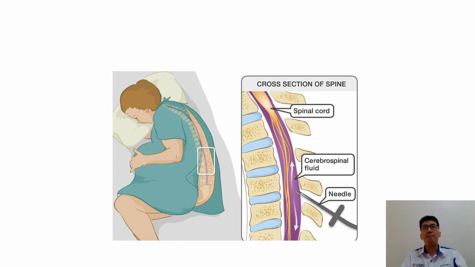For spinal anesthesia for lower segment Caesarean section, we can do it around the level of L3 or L4, lumbar 3 or lumbar 4. So these are the preferred places.